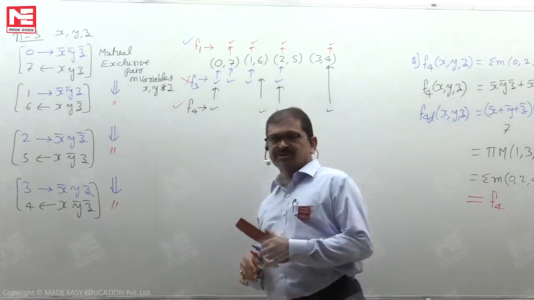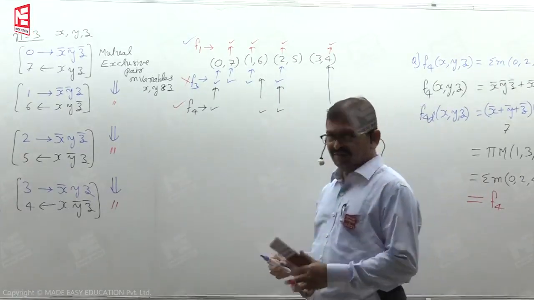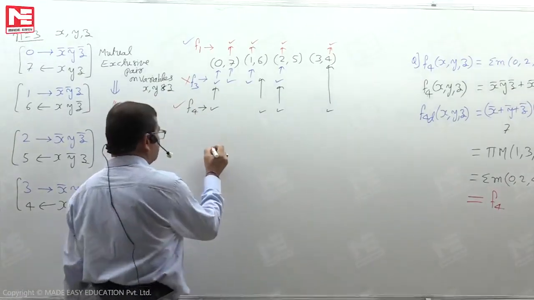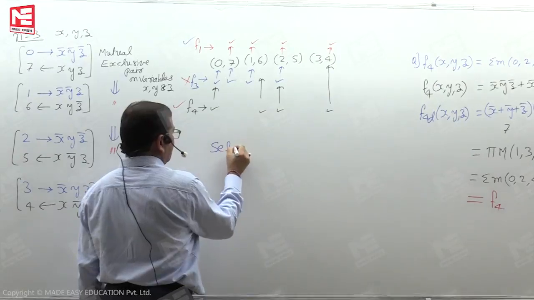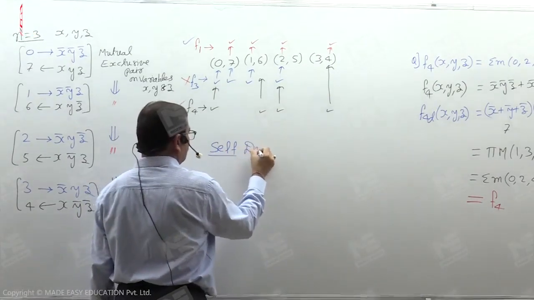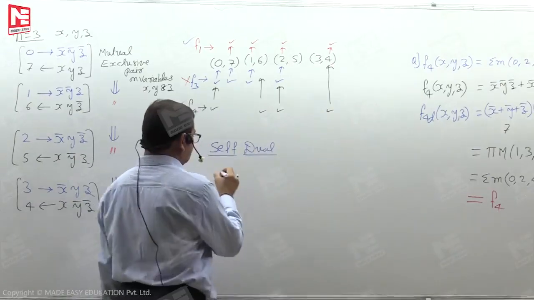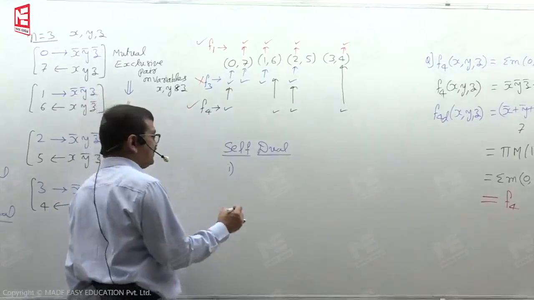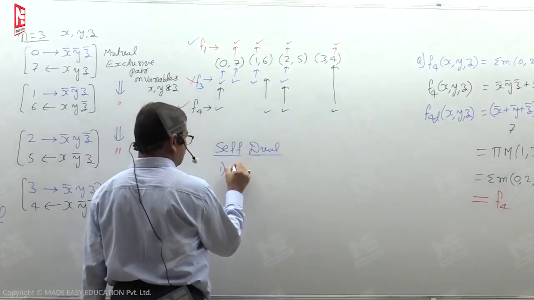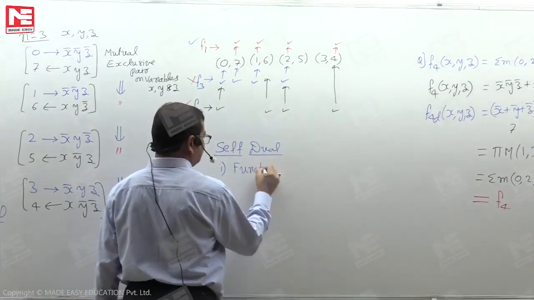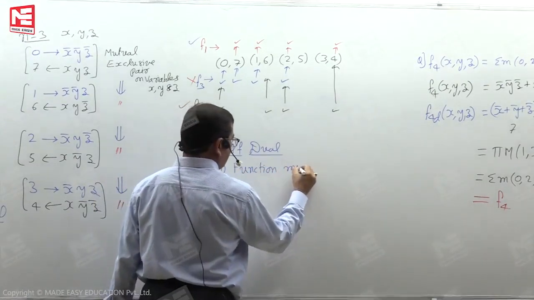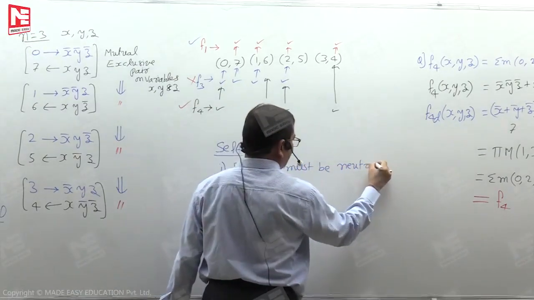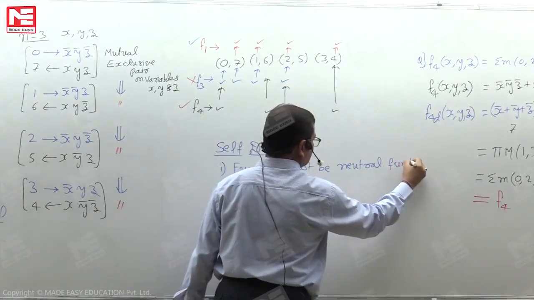Hence, we look at the consolidated information. The consolidated information we need to state like this. So better make a note. When is a function a self-dual function? The first condition: if a function is to be a self-dual function, then the function must be a neutral function.